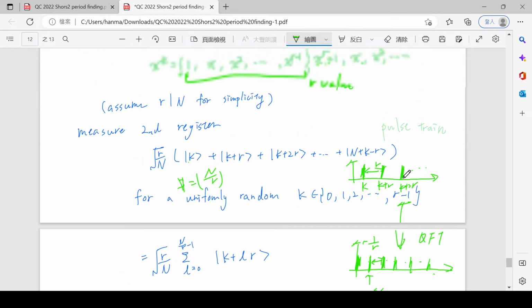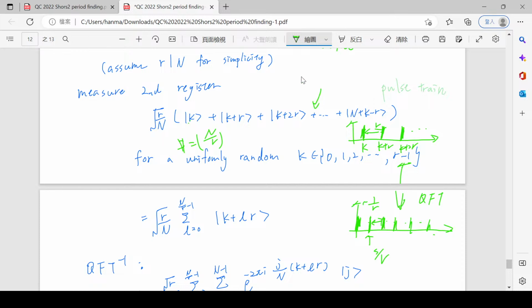Because you see, if you just measure this state in computational basis, that doesn't give us anything. This is basically uniform random, right? That's where quantum measurement collapsing the state makes things annoying. If you get 2 copies of this state, then you can get say k and k plus 2r, then you can take a difference, and you know what 2r is, etc. But the annoying thing is you only get one copy of this.